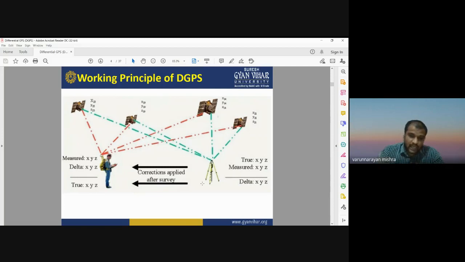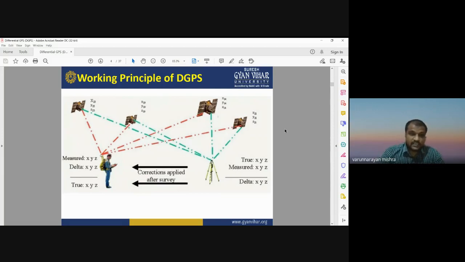You know the exact latitude and longitude of that position. So that information will be used to correct, to modify, or to reduce the errors received by the rover station, that is, the rover GPS. Okay, so this is the way in which DGPS works.